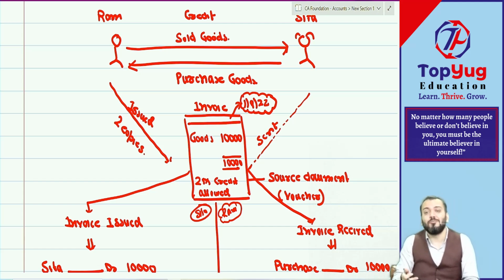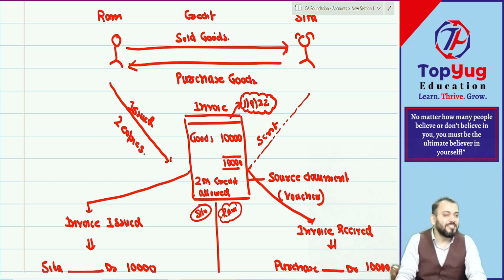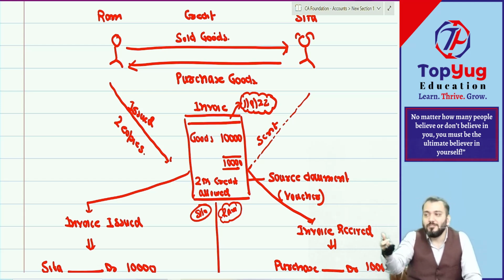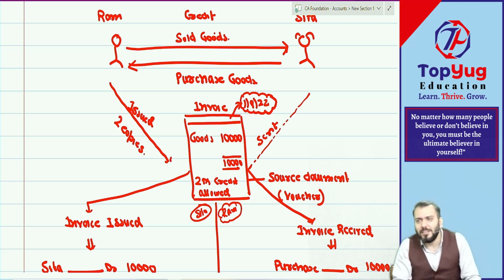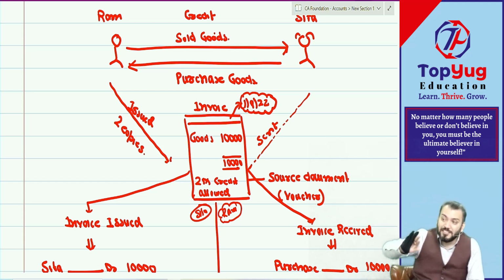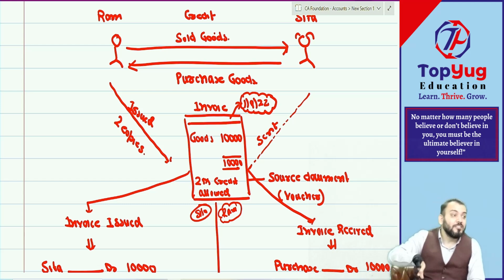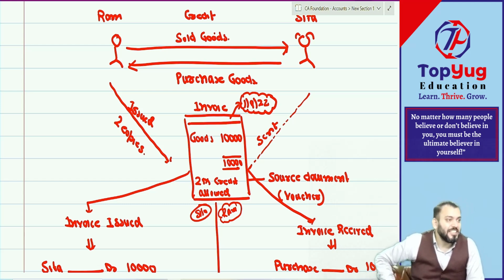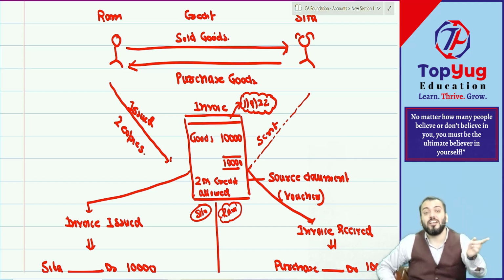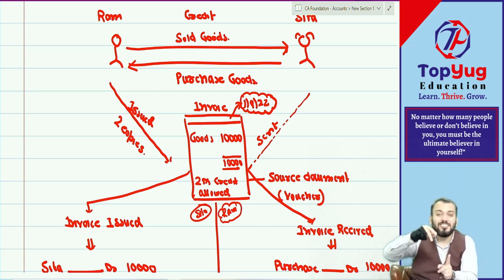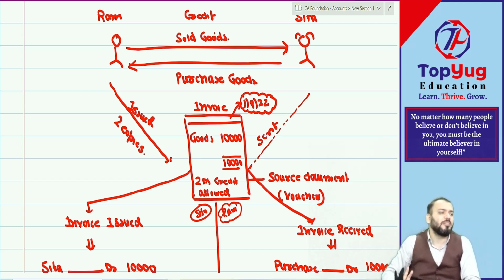Then only they can enter into a bill transaction. Without credit sales, there will be no invoice. If there is no receivable, there is no need to convert into a negotiable instrument. There was some receivable in the books of Ram from Sita due to a credit sale transaction. So first Ram will pass one journal entry, Sita account debit to sales, and then we need to convert the amount receivable from Sita to bills receivable. This is the objective of the chapter.